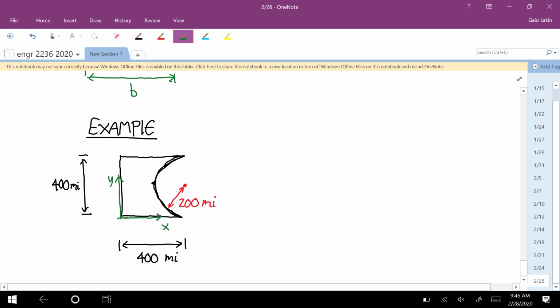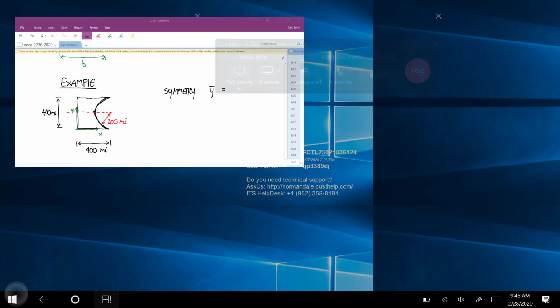Okay, we know that there is a line of symmetry. And so we know from symmetry, y bar is equal to positive 200.